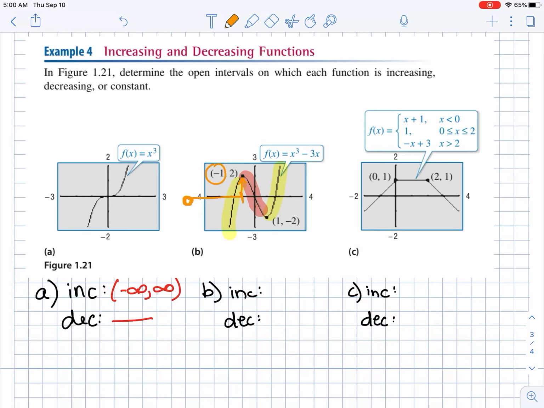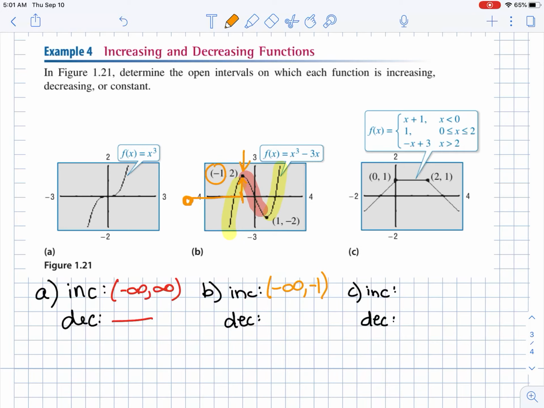So we're increasing, we'll say, from negative infinity to -1. Now, there's this thing about increasing and decreasing values. It only goes to -1, but it's not still increasing at that value of -1. Technically, at the value of -1, it's standing constant. So we close it with the parentheses.